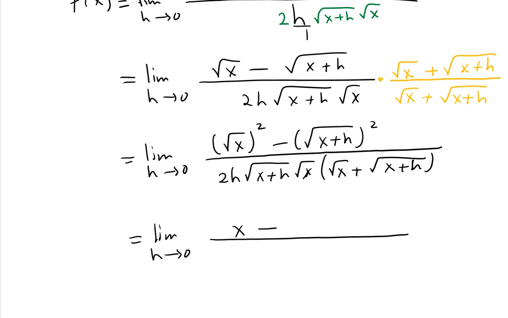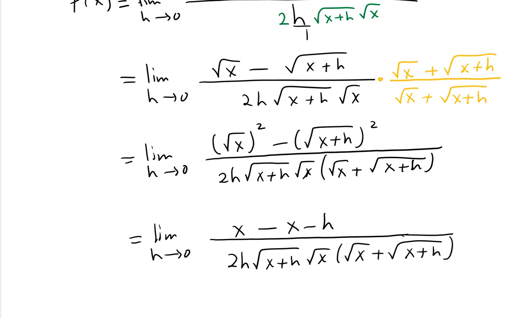On top we get x minus h. And then for the next one, what do we get? These cancel out, the h cancels out.